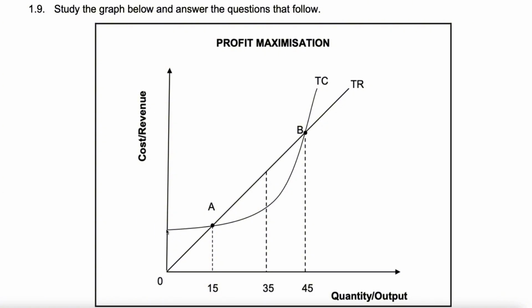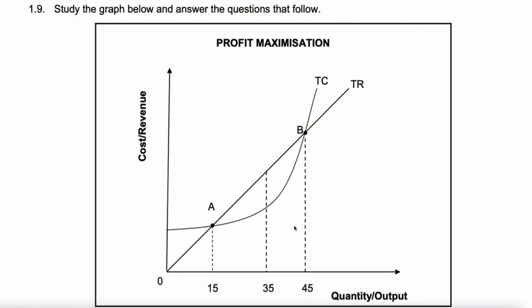So as output goes up, your fixed cost remains this one, okay? Whatever amount it is, maybe if it's 20 Rand, it remains 20 Rand even when output goes up. Now, then why does it go up as if fixed costs remain fixed? Why is it that as we start to produce output, TC begins to go up?